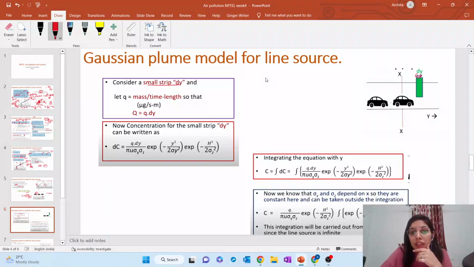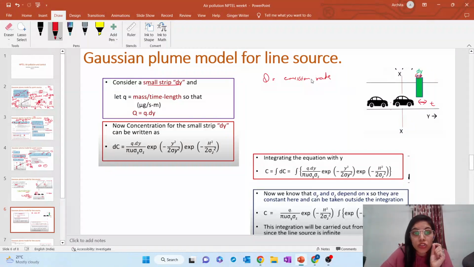Now if I have to calculate Q here, which is the emission rate, it depends on the mass of the plume and how much it travels in a particular time.